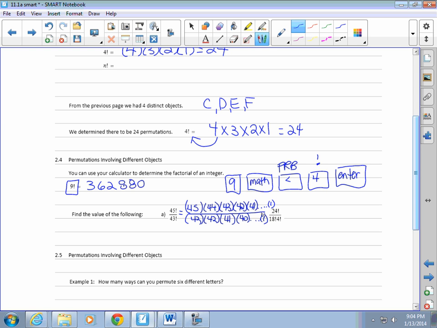What you notice here is because you're multiplying factors together and dividing, you could actually cancel. So I could cancel 43 with 43, 42 with 42, 41, 40, all the way down to 1. So really what you're left with is 45 times 44. So the answer for this is 1,980. On your calculators, if you had done 45 math, right arrow, 4, enter, divided by 43 math, right arrow, 4, enter, you would get that exact same answer.